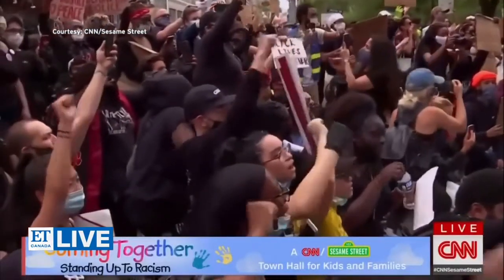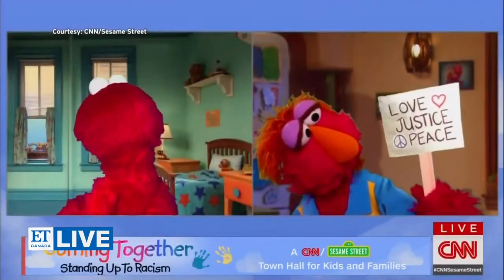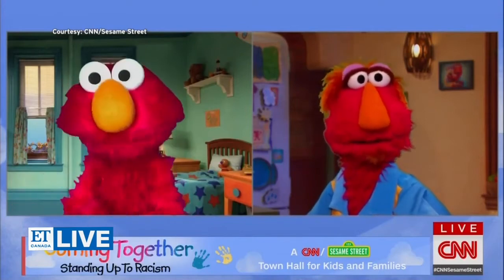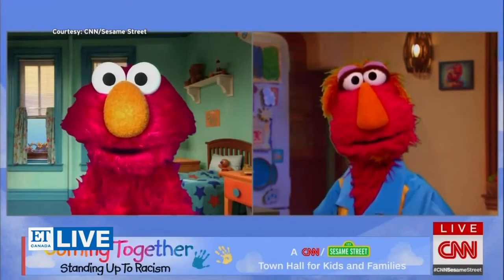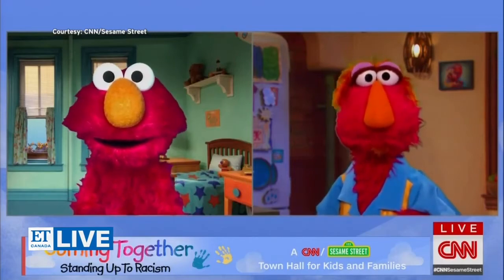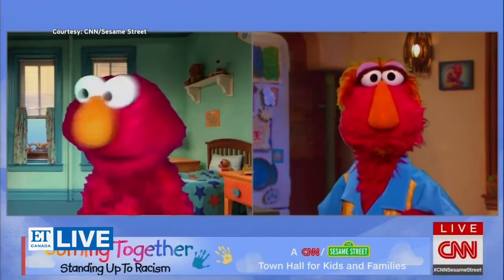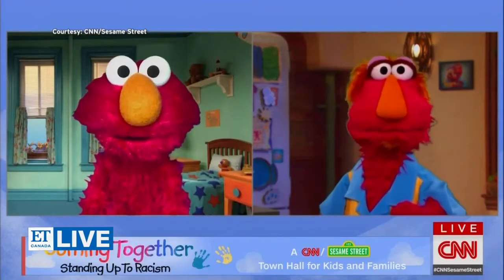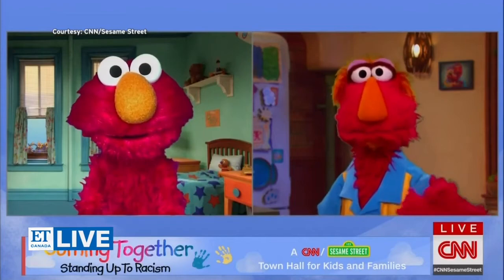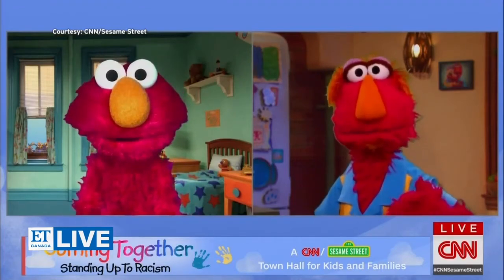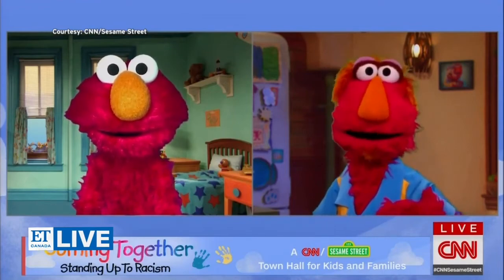Daddy, Mama doesn't understand. What's happening? Why are all these people together? Oh, well, they're gathering together to protest. Protest? Mama doesn't understand. What's a protest? Oh, a protest is when people come together to show they are upset and disagree about something. They want to make others aware of the problem.